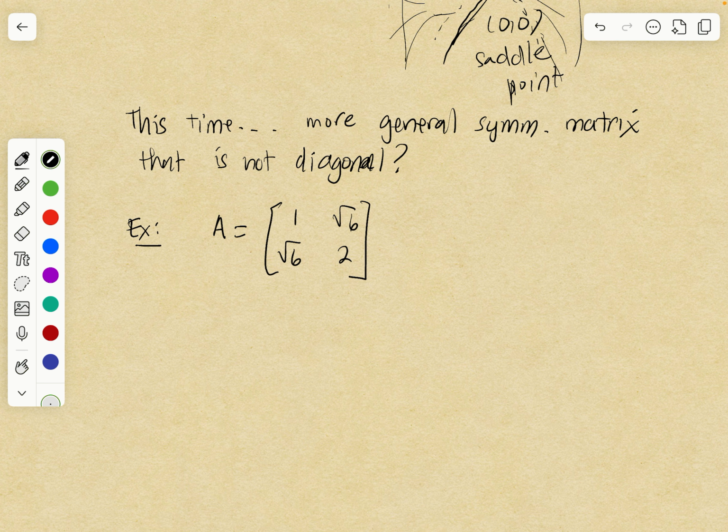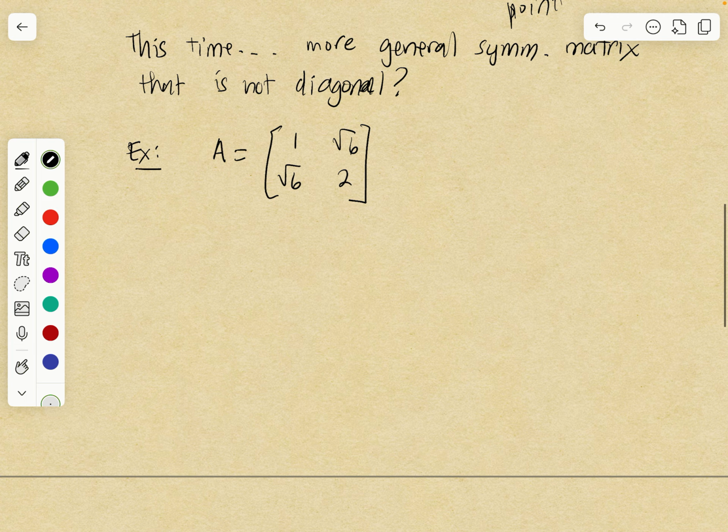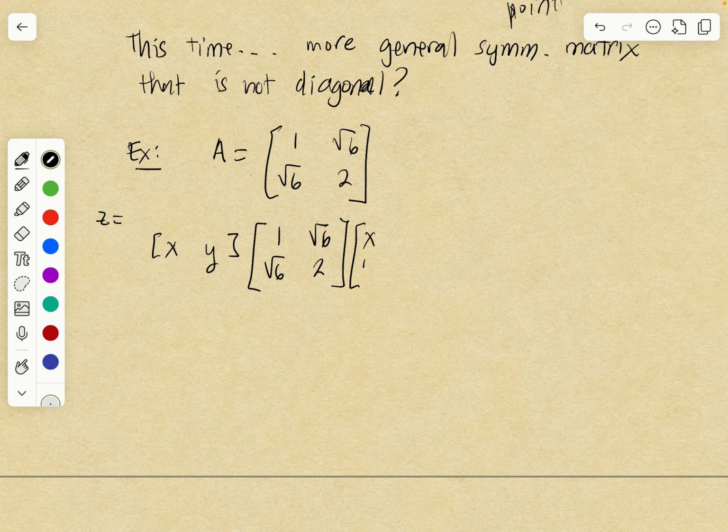Well, what's the associated quadratic form of this matrix? If you do z equals xy times A times xy as a column, this is going to equal xy times the vector x plus root 6y, and then root 6x plus 2y.